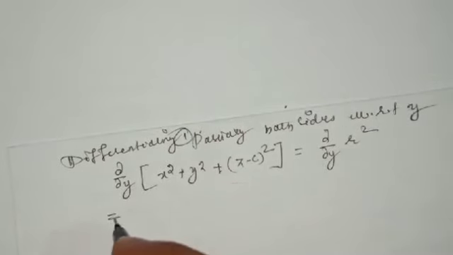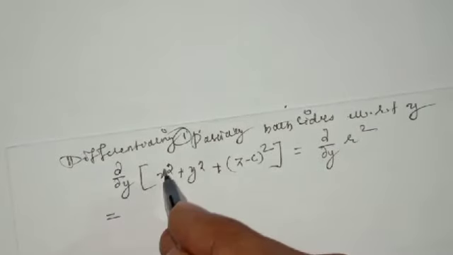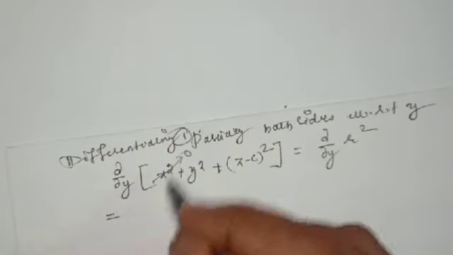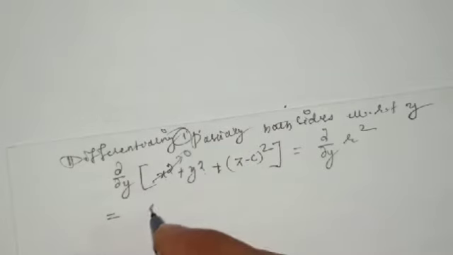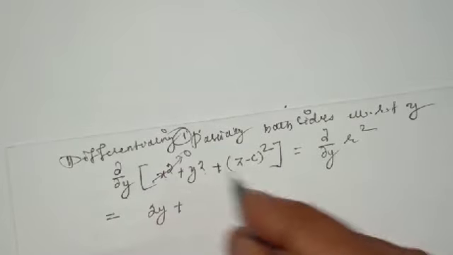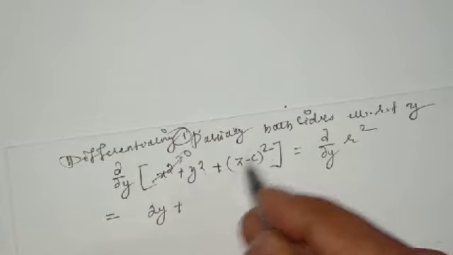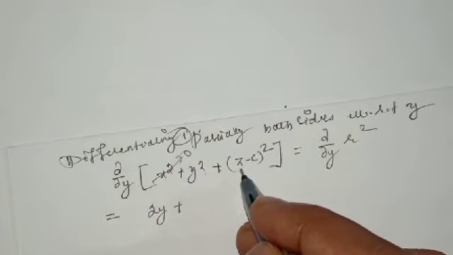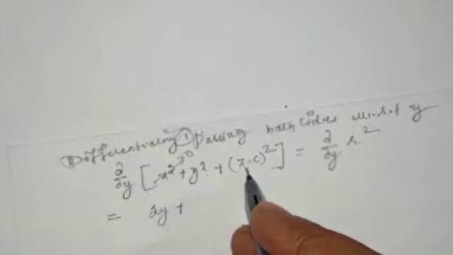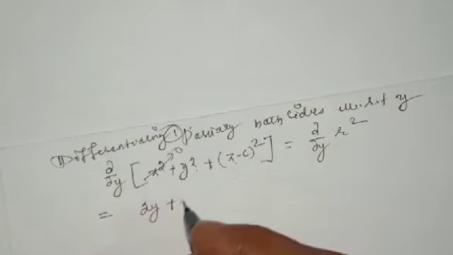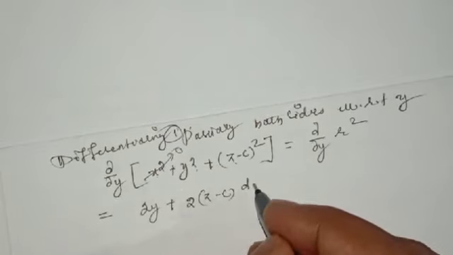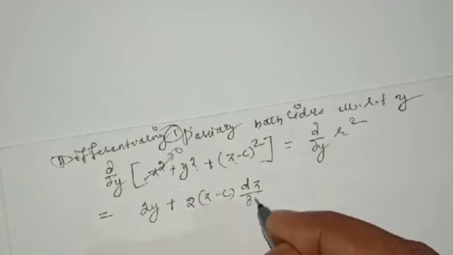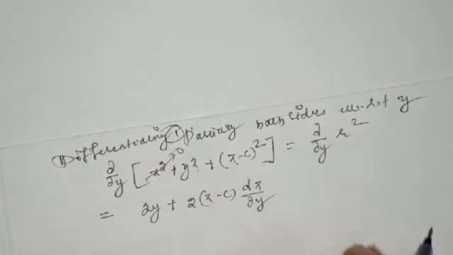So what is next? Del y of x square will be 0. And here del y of y square will be 2y, plus we can also take the derivative of this function, because z also contains x and y. So that gives 2 of (z minus c) and here del z by del y.